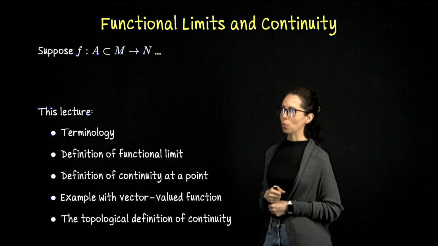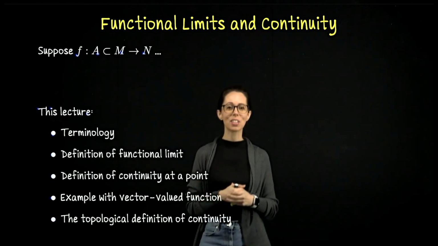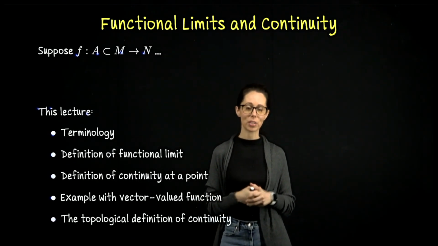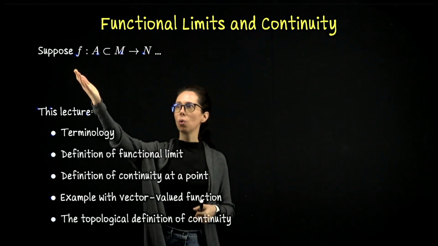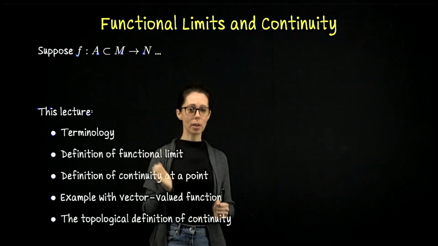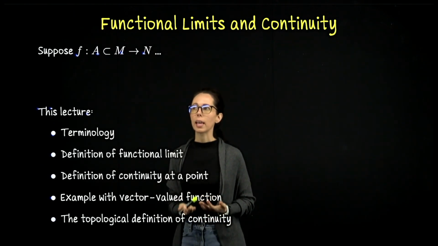So let's start with this notation, and the notation that I will use throughout the rest of our study of functions. The idea here is that I've tried to write what it means to have a function from one metric space to another as broadly as possible.